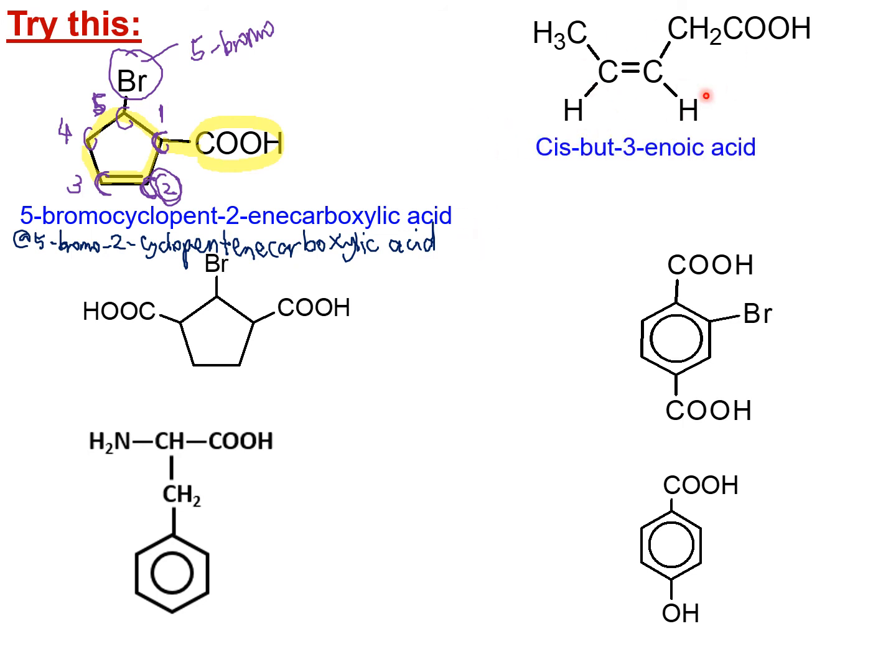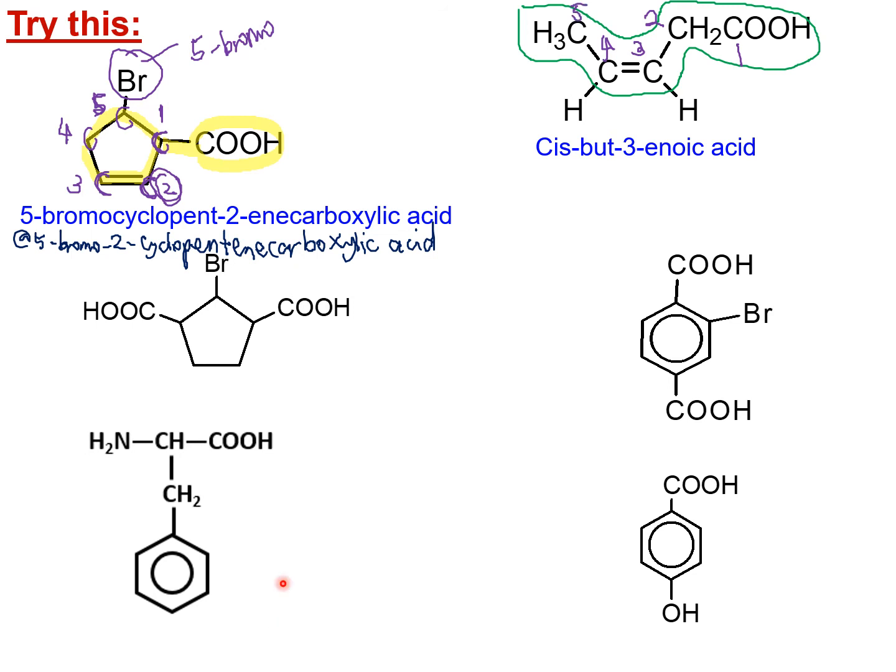Let's look at this one. This is actually cis-but-3-enoic acid, because it has an alkene and a carboxylic acid. This is a straight chain. The longest carbon chain for the parent, starting from this COOH, CH2, C double bond C, CH3. So this will be carbon number 1, carbon number 2, 3, 4, 5.